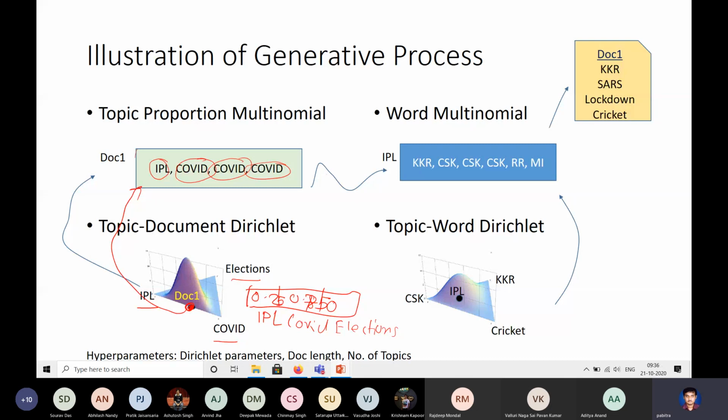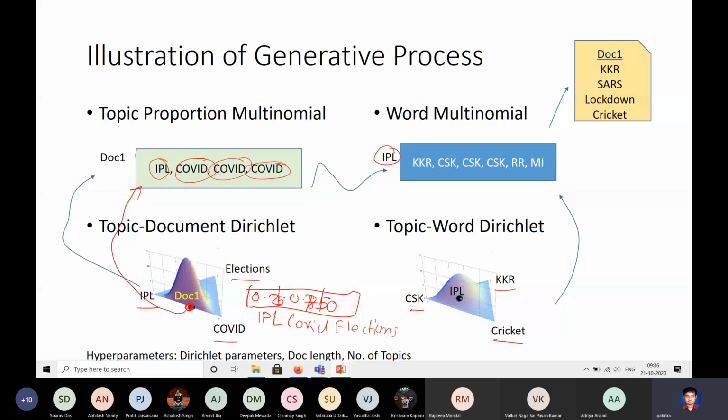Now let us look at the Dirichlet of words. Let's say there are 3 words. CSK is a word, KKR is a word, cricket is a word. Those who don't know about IPL, it's a cricket tournament. I have a simplex of 3 words. And this IPL that I have chosen from this box is a point in this simplex.